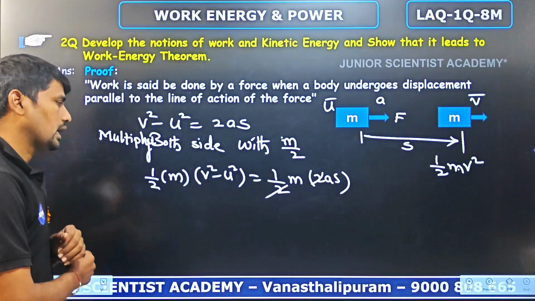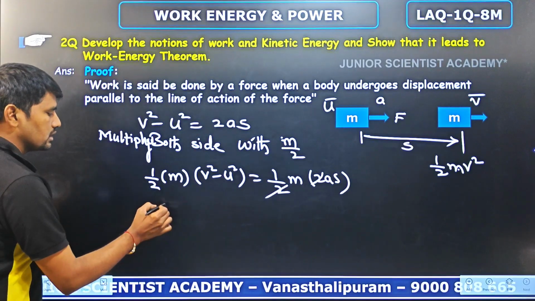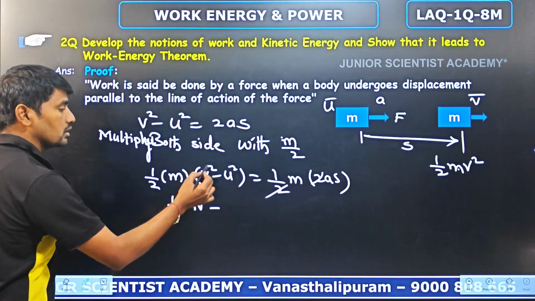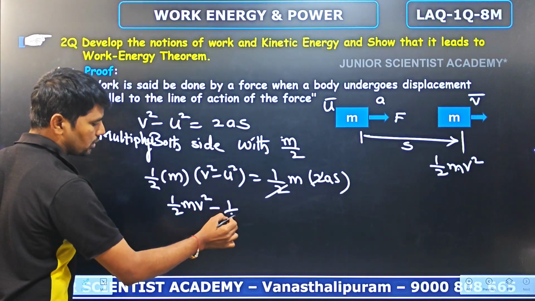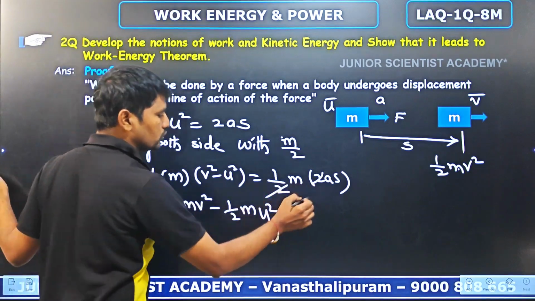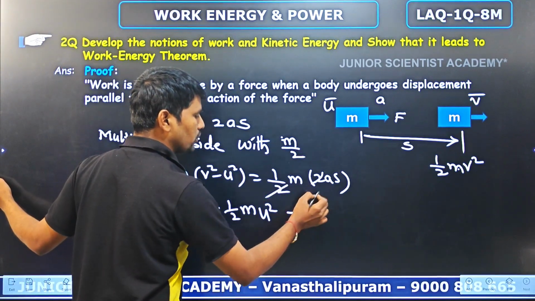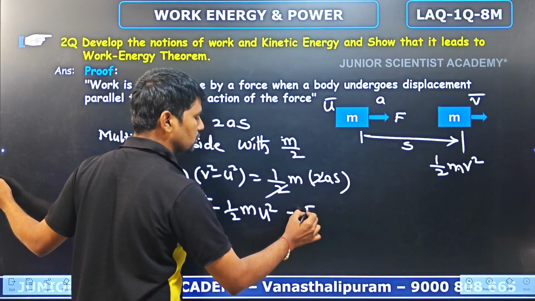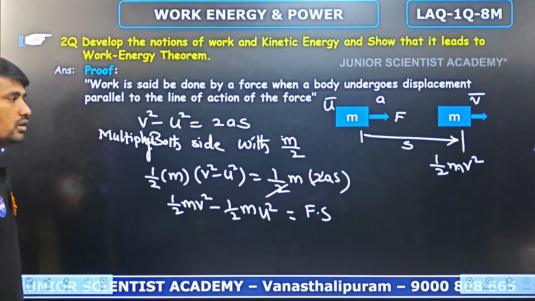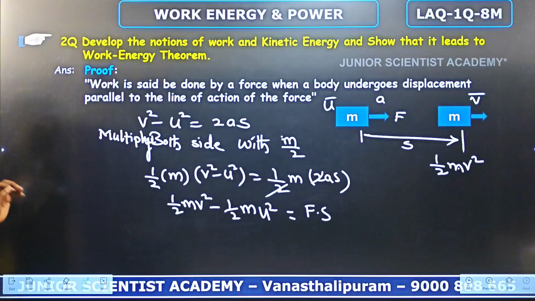The 2 cancels. Multiplying inside by the distributive property, half m v square minus half m u square is equal to m into a, which is nothing but force, and s is the displacement. So in only 3 steps we got it.